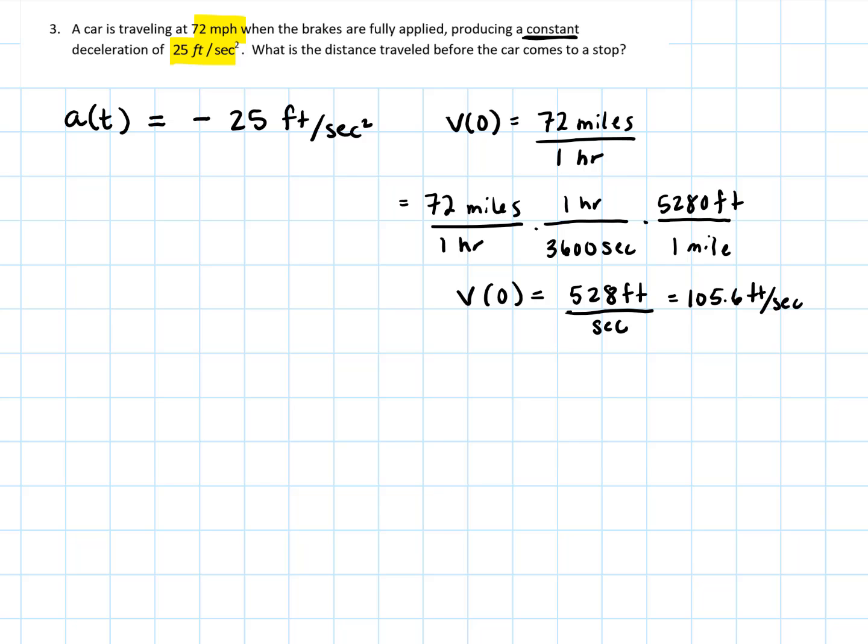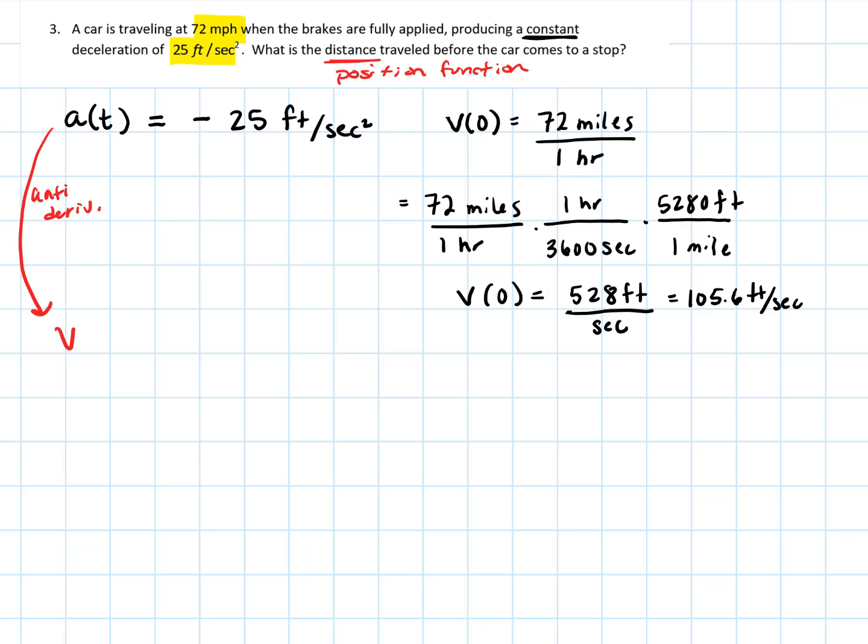Okay, so we can start working our way through some antiderivatives now. Because again, we want to know a distance traveled, so we ultimately need a position function. So let's start working our way through some antiderivatives. Let's do an antiderivative to find the velocity function.